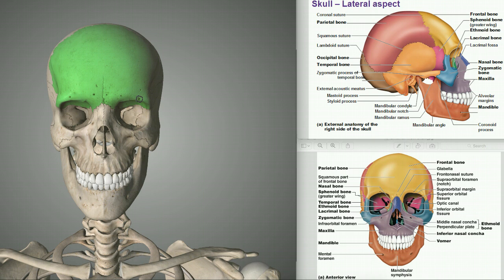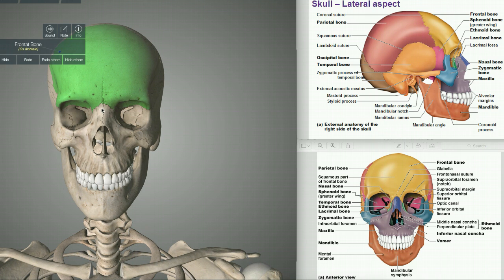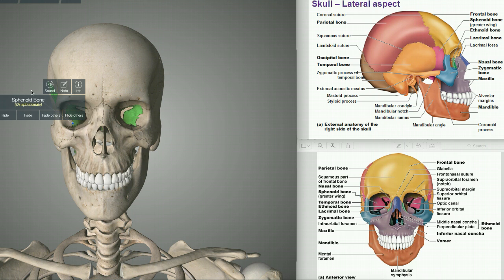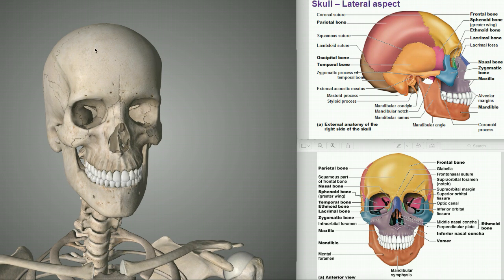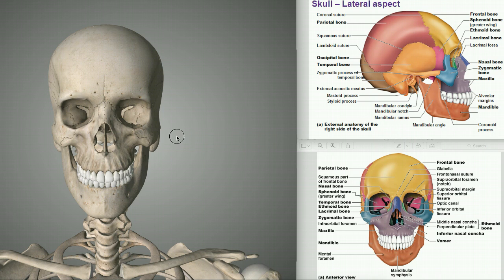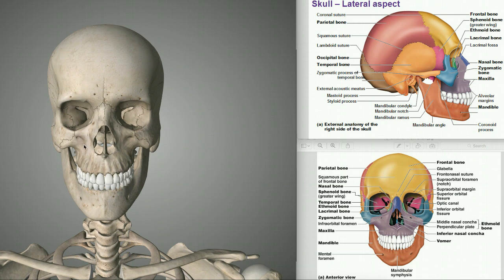So now what we have is the nasal bone. Imagine this is the right nasal and this is the left nasal bone. So we have the frontal bone here, the nasal bones, right and left, and then the middle bit near your nose and here is known as the maxilla.